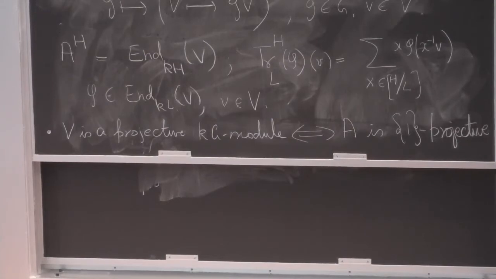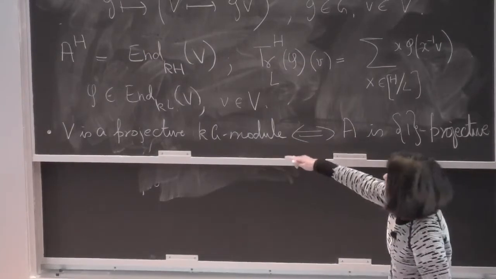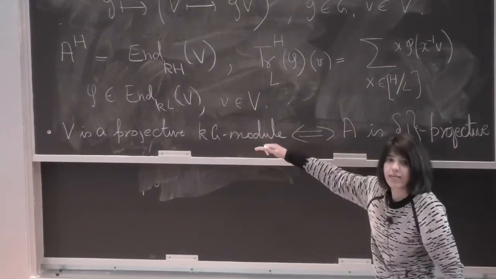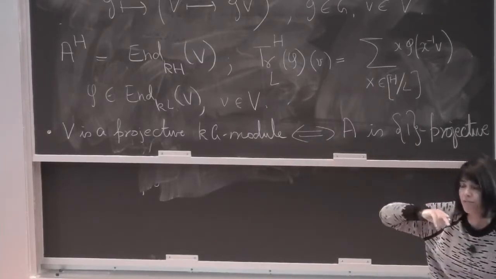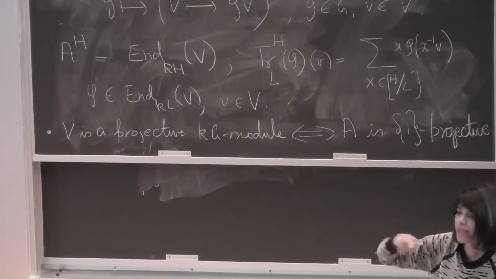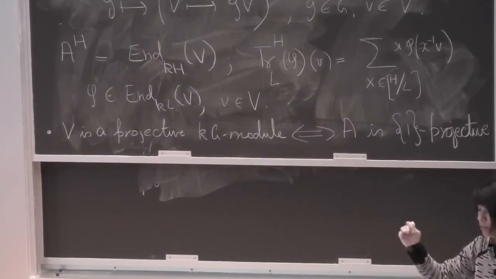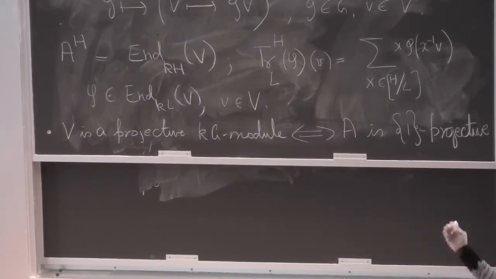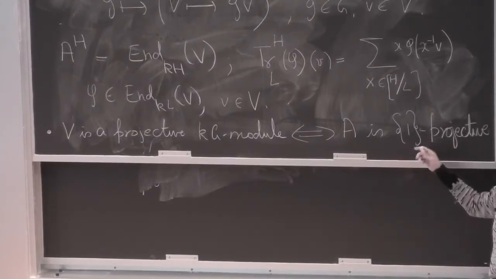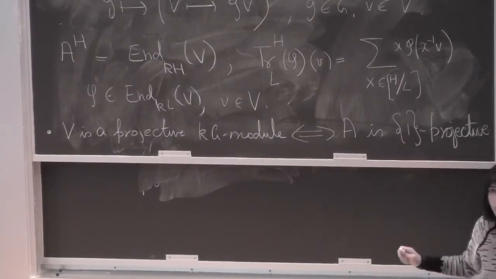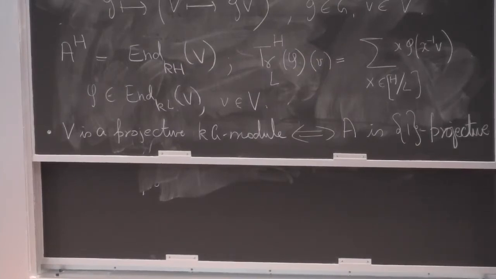And you can even ramp this up to saying V is relatively KH projective as a module, namely that every short exact sequence that splits as a sequence of KH modules when you restrict it to KH splits as a sequence of KG modules. So this is the reason why this notion is called projectivity.